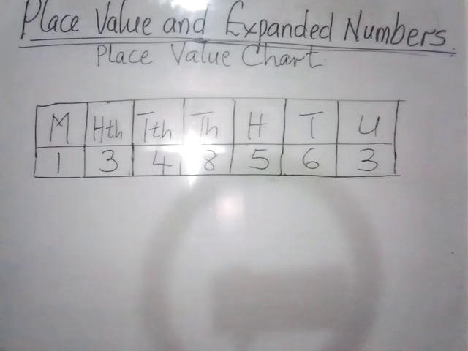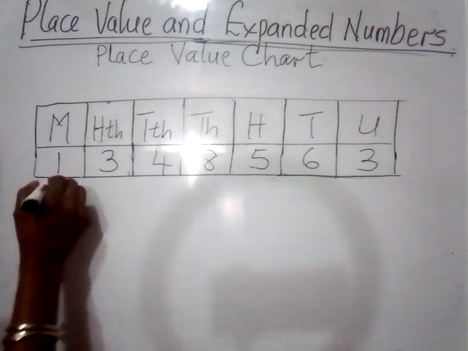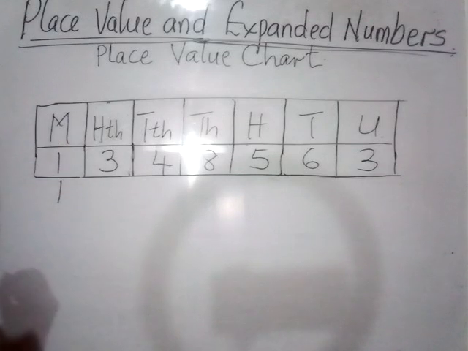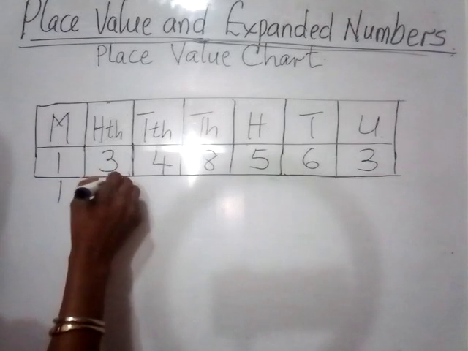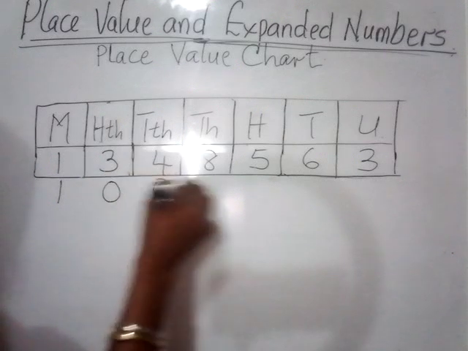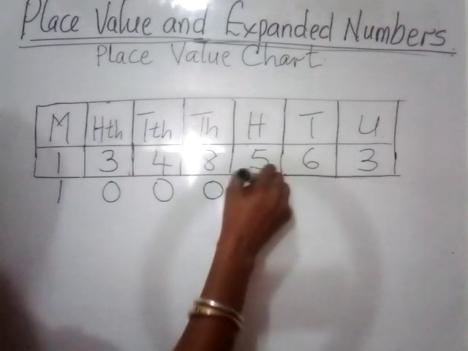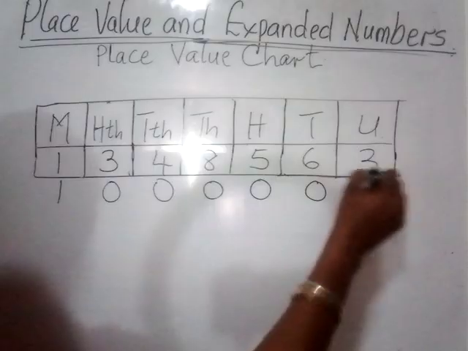So for the expanded form of this number, it's very simple. For 1, for instance, you write out your 1. The expanded form will be that every other digit after this 1 becomes 0.